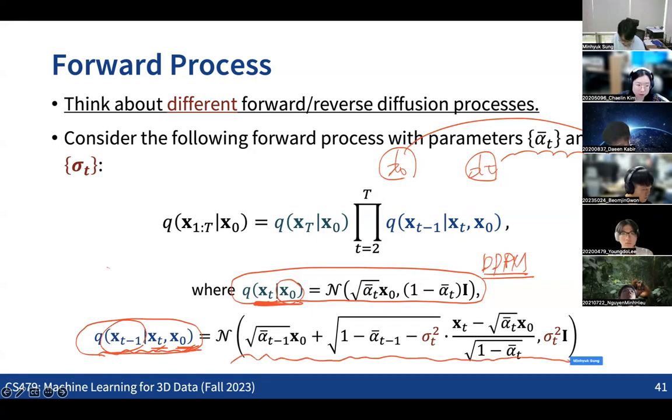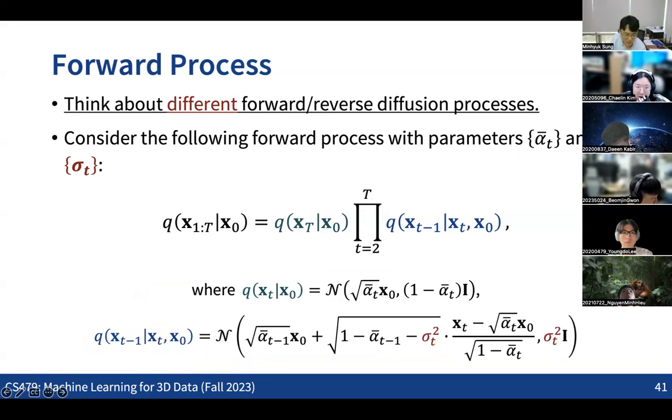So in the DDPM process, we derived this conditional distribution from the single transition and also this full jump. And now we are not defining the single transition. Actually, we are now defining this and this.